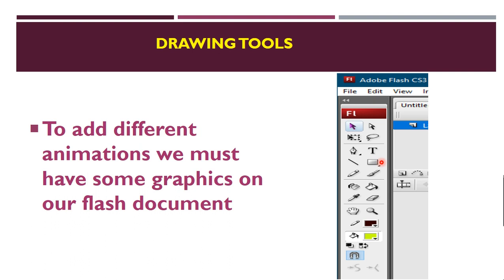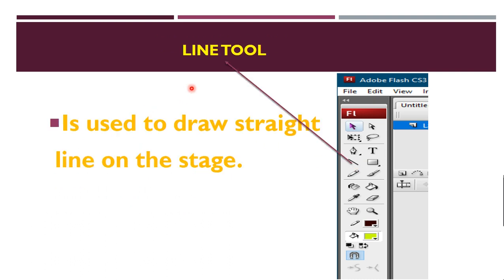So in our book two to three types of drawing tools are discussed. The first one is the line tool, which is used to draw a straight line on the stage. That line can be of different textures, which we will see practically on our flash screen.